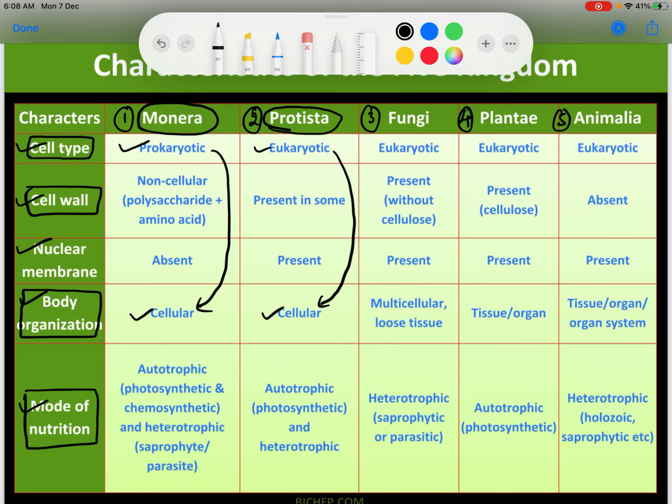Now, if cell wall is not present, I repeat, if cell wall is not present, they are animals. If cell wall is present but not cellulose, they are fungi, and if cellulose, they are plants.